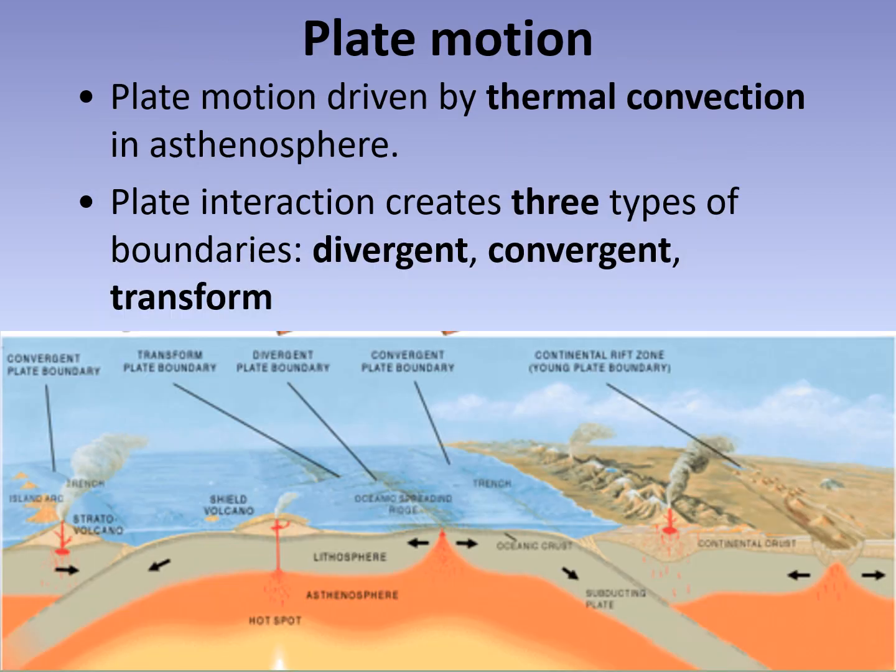But for the little bit of lab that you're going to do this week that deals with plates, that's really all you need to know: that there are those plates, that there are boundaries between those plates, and that these different types of things are happening at those boundaries. So we're going to have just kind of an introduction in lab this week about that. And one thing I'll close with before we dive into plate motion in the next lecture is that they're driven by thermal convection, right?